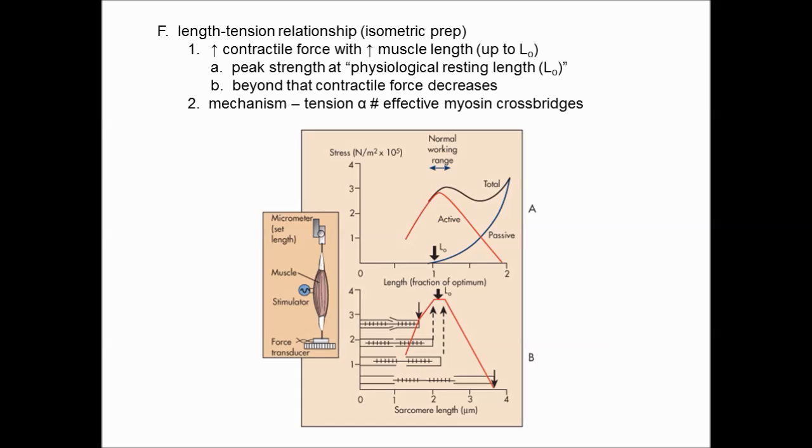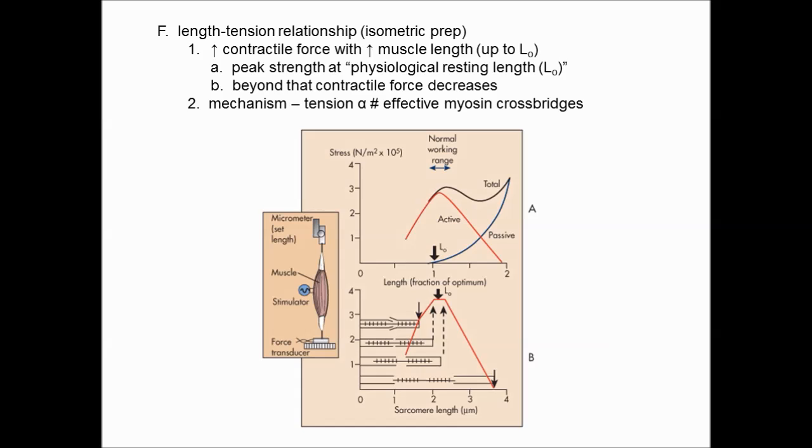We'll do this in lab in a week or so. And what we do is we put a muscle between a device that can set its length and a force measurement device, which we call a transducer. And we stimulate it, then we stretch it, then we stimulate it again, we stretch it. And so we find out how much force the muscle produces at varying muscle lengths.